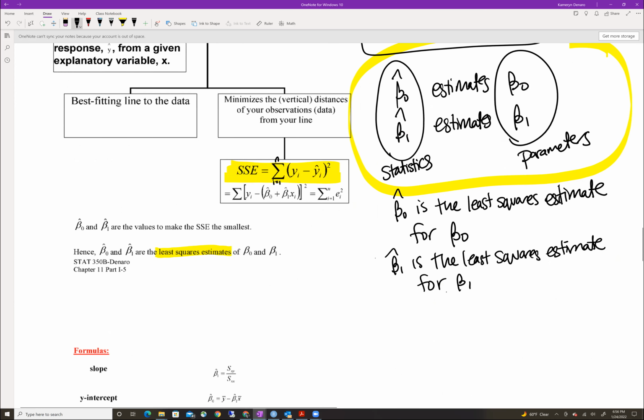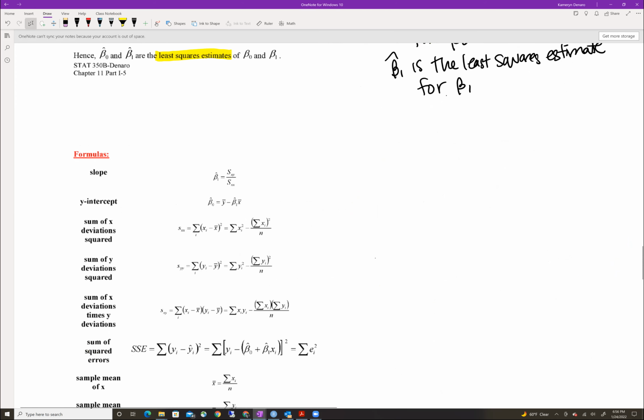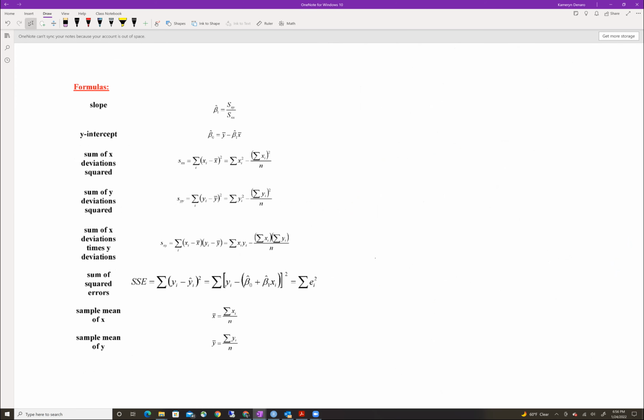These are really important formulas from this chapter. My suggestion to you is to learn what each of these are, what they stand for, and how to calculate them. The estimated slope is beta 1 hat. The y-intercept is beta 0 hat. How do we find them? The formulas are there.